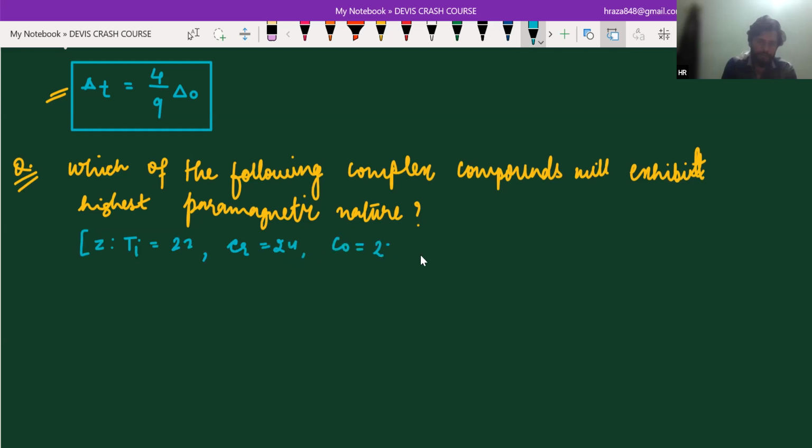Cobalt, that is 27. And zinc, that is 30.